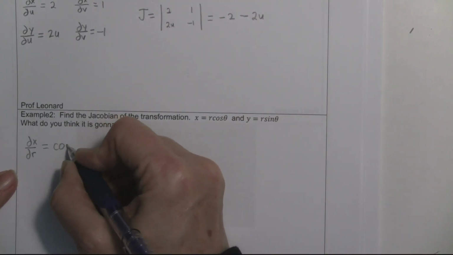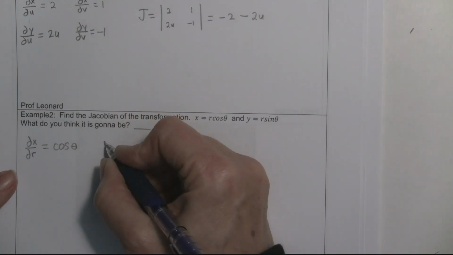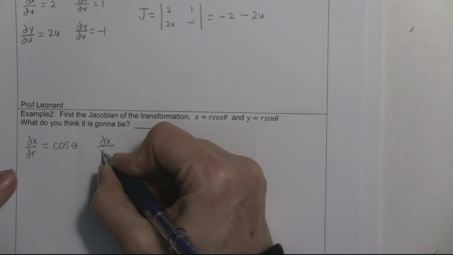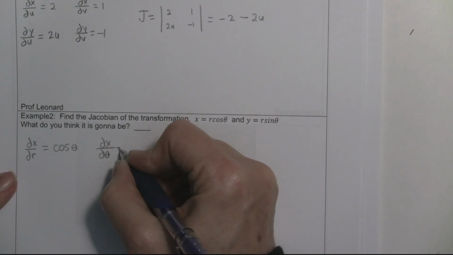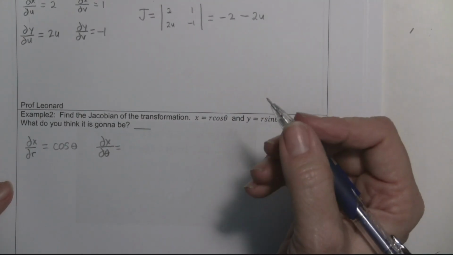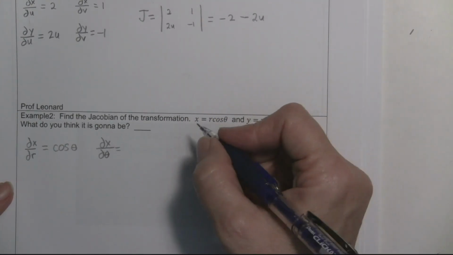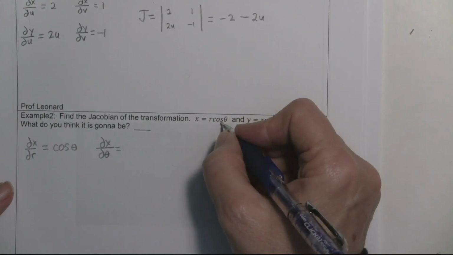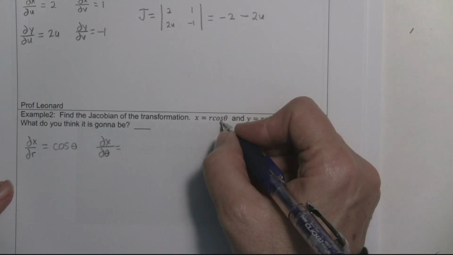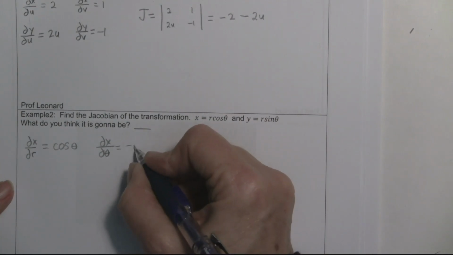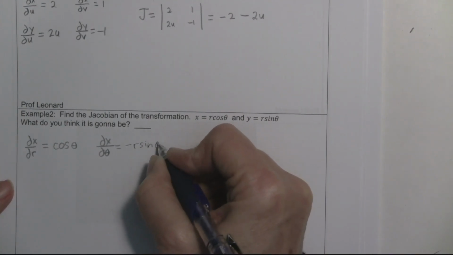So this is equal to cosine of theta. And then the partial of x with respect to theta. When I do that, the r holds still, and the derivative of cosine is negative sine. So this is negative r sine of theta.